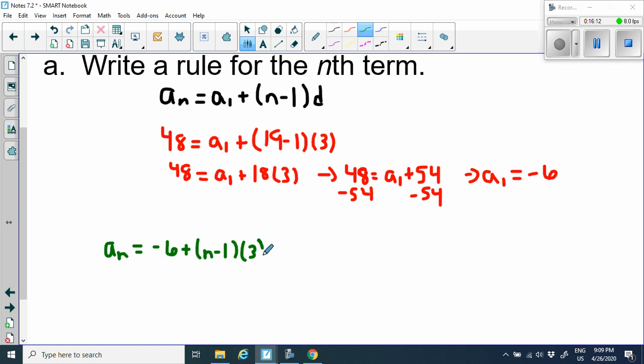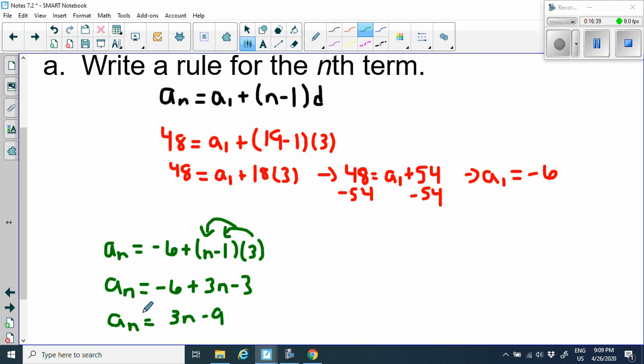And I'm going to distribute that 3 to the n and the 1. So I get negative 6 plus 3n minus 3. So my rule here is going to be a sub n equals 3n minus 9. There we go. And that'll be my final answer there.